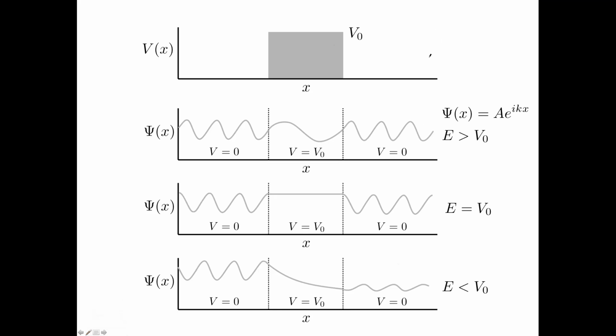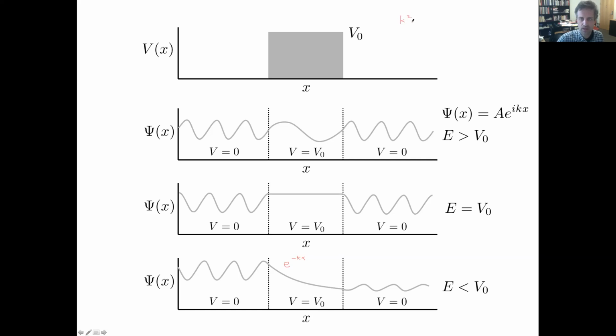So here in the barrier, the wave function has this shape. It's a decaying function of space. So it goes down: the higher x, the lower the value of the wave function. Now this kappa was defined through k squared.